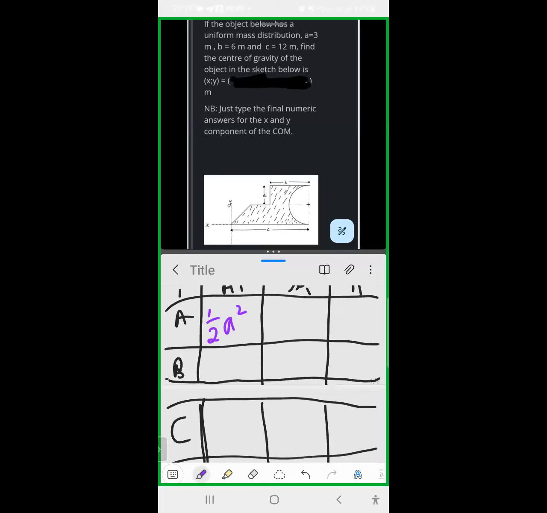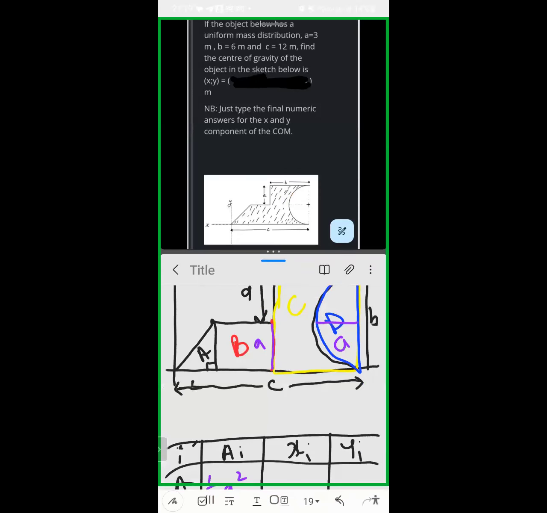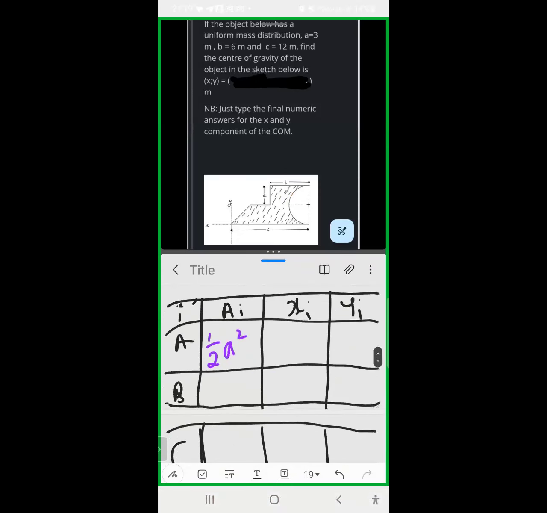And then for B, it's a square, and its base is a units and the height is a units. So for B, the area is length times breadth, so that will be a squared, a times a.